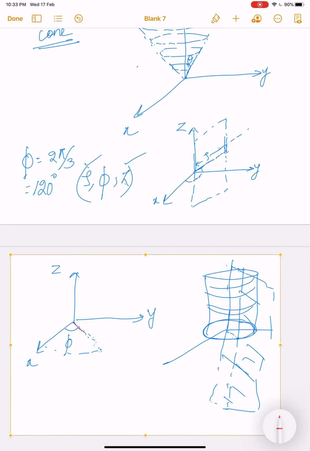It means the plane here. This is z up to infinity. This is z up to minus infinity. And this is rho starting from 0 to infinity. And this is the whole plane.